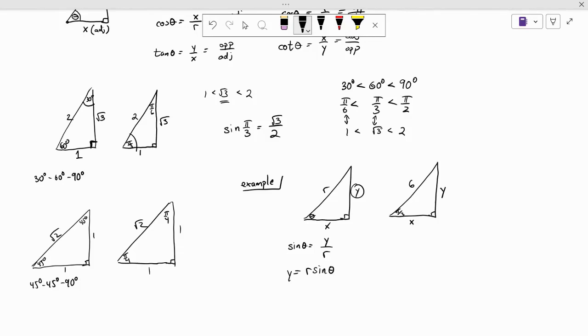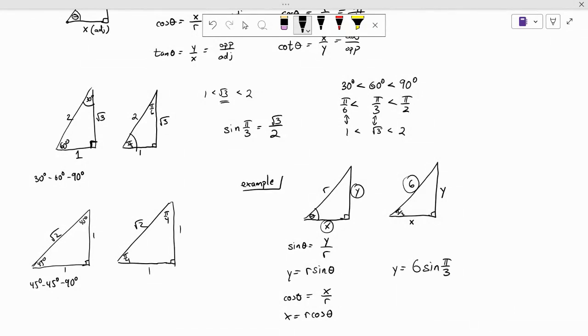You'll see that in physics all the time when resolving vectors. And likewise, cosine of theta is the adjacent side divided by the hypotenuse. So solving for x, you'll see that x is the radius times cosine theta. So we'll see that the opposite side can be expressed as the radius times sine of pi over 3.